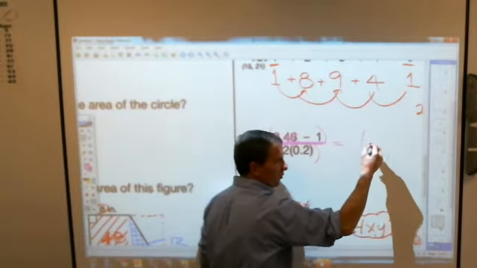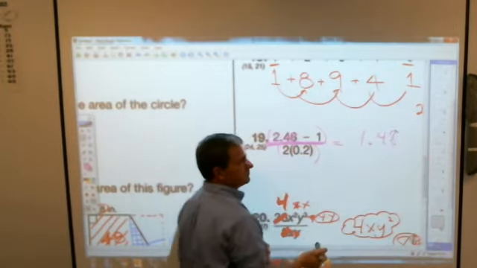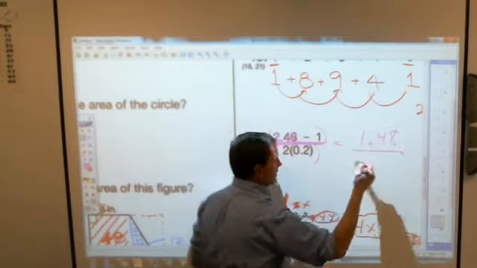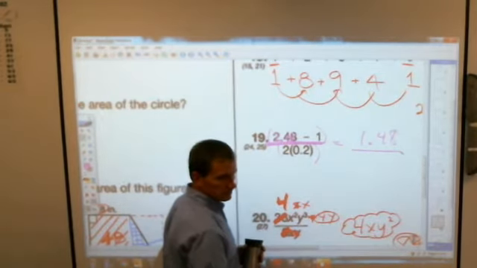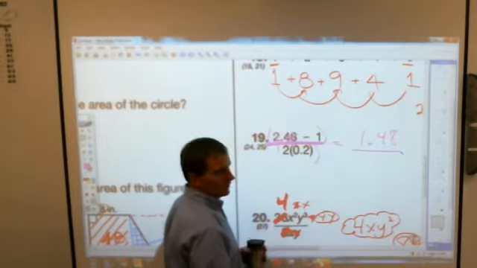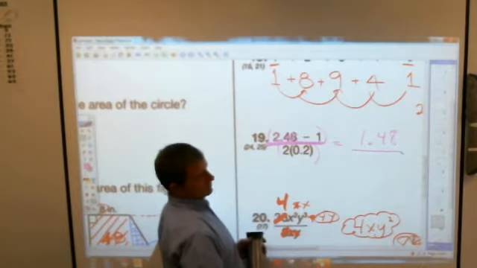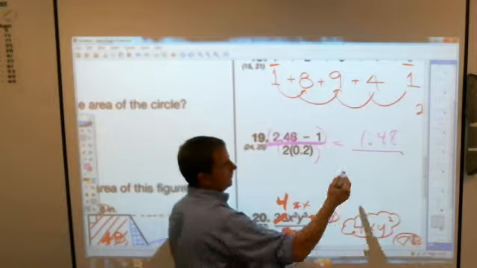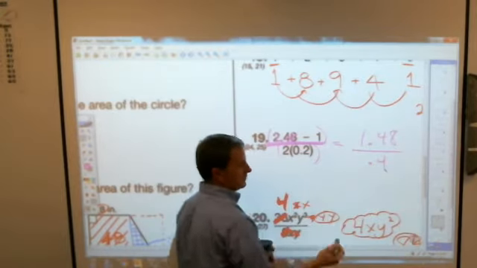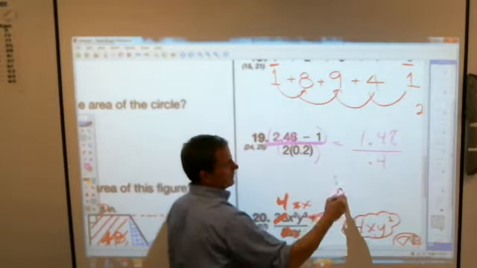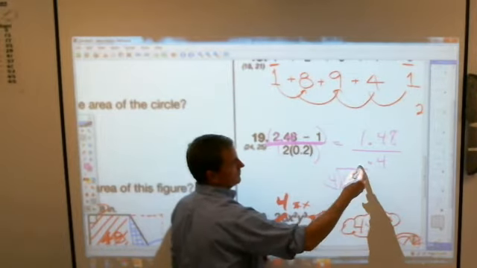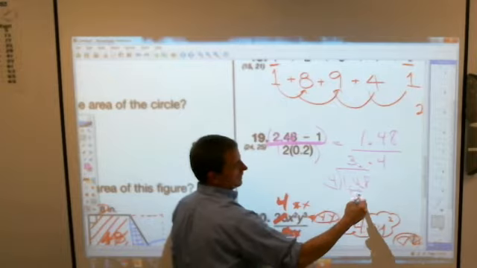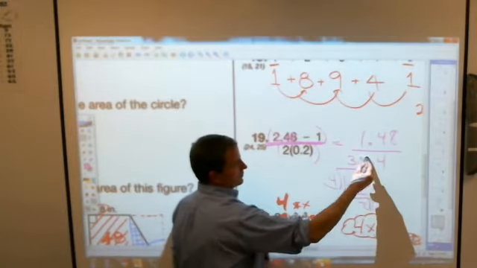It is 1.48, correct? And 2 times 0.2 is 0.4, and then it's just division from there. Move the decimal, 4 goes into 14 3 times, 4 goes into 28 7 times.